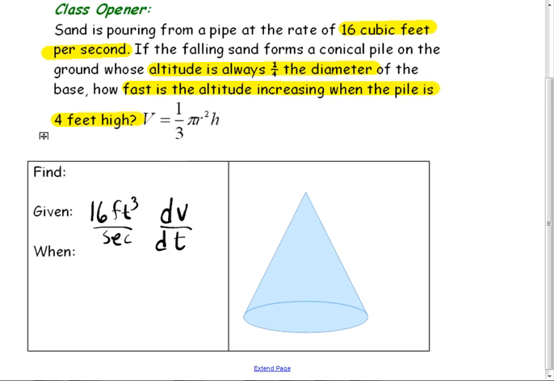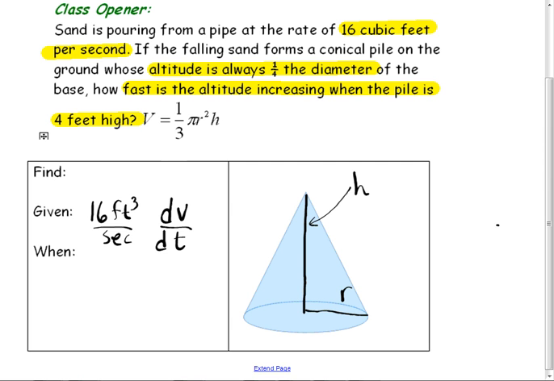And it says the falling sand, says altitude. Well, I need an altitude here. So would you like to call this altitude, what letter? H. Well, I'd rather use H because I'm looking at my formula. And then this is the what? That's the radius.